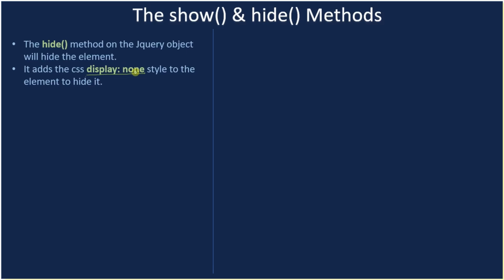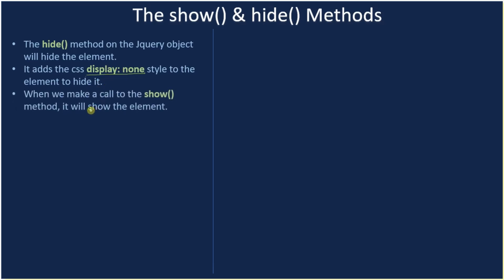There are a variety of display attributes available. Refer our CSS learning course to know that. But here, for this example, the hide method adds the display none attribute to the selected element. So this way we will hide the element.